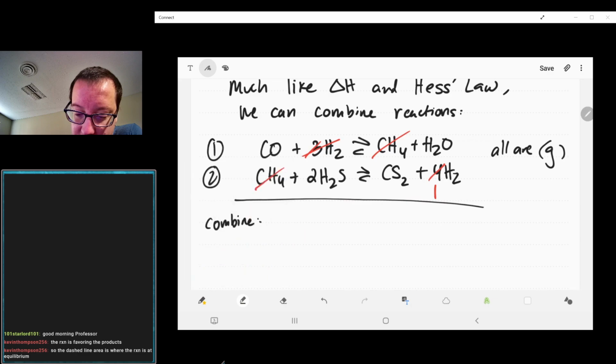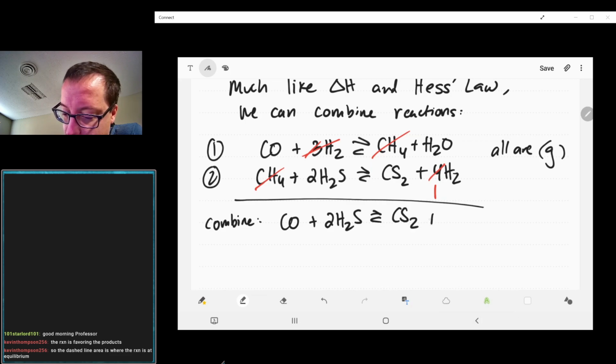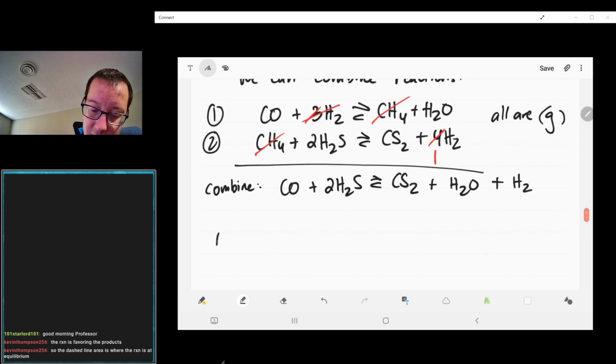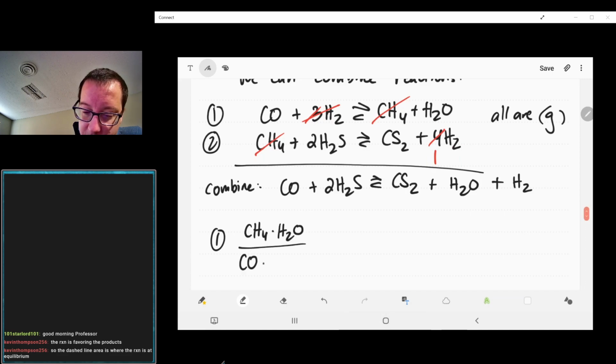So our combined reaction overall will be the following, just including everything that's still there after we cancel stuff out. If we look at the equilibrium expressions for these, for our reaction 1, that's going to be CH4 times H2O over carbon monoxide times hydrogen cubed.